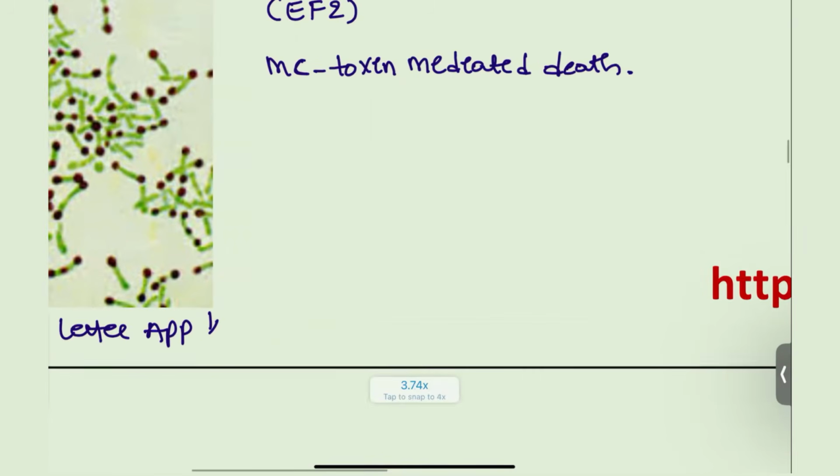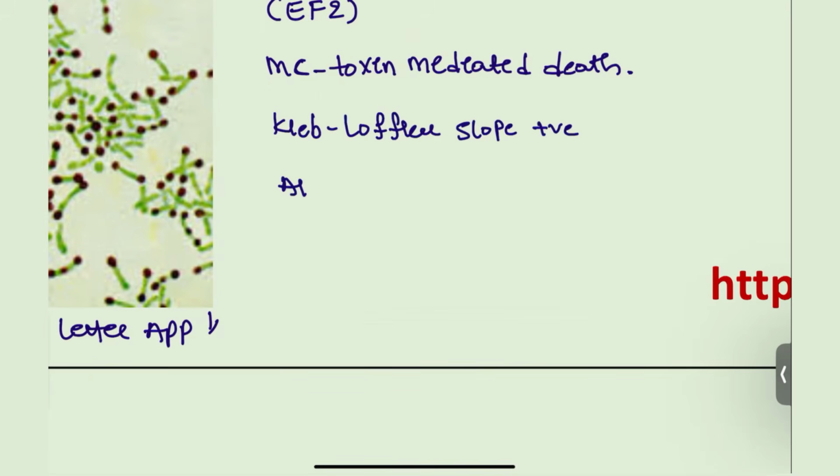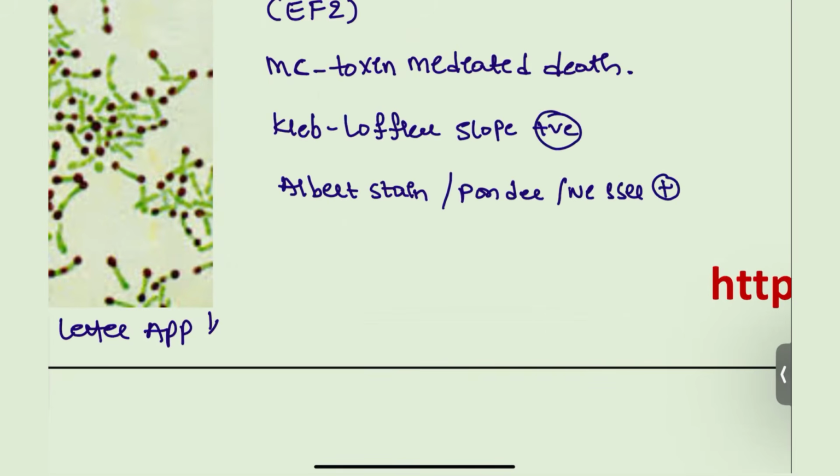And we also have other types of tests and stains specifically used for Corynebacterium. Before that, we have discussed already Loeffler's slope. Loeffler's slope is positive for diphtheria. And along with that, Albert stain, okay, Albert stain or Ponder stain or Neisser. All these will be positive for Corynebacterium diphtheriae.